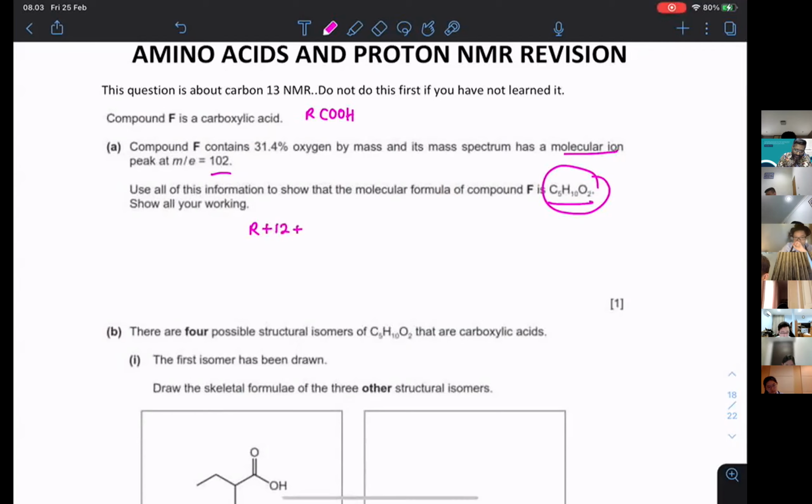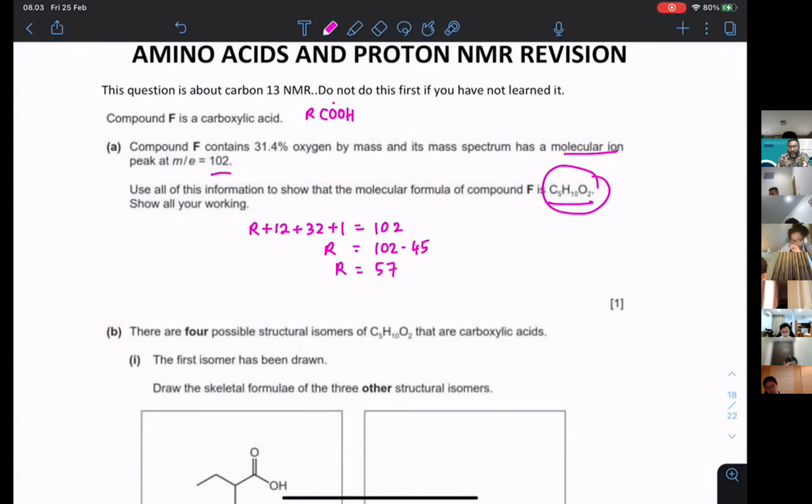Oxygen is 16, so 32. Then plus 1. Then total is 102. Let me find out what is R first. So that is going to be 44, 45. R is 45, 102 minus 45. So 57.